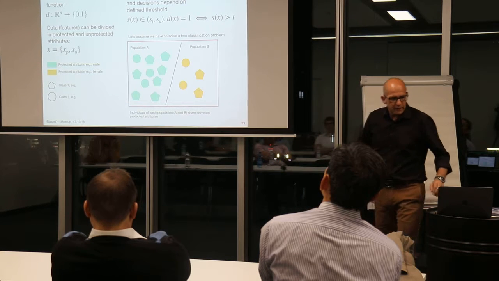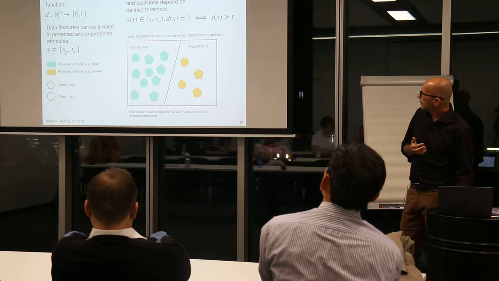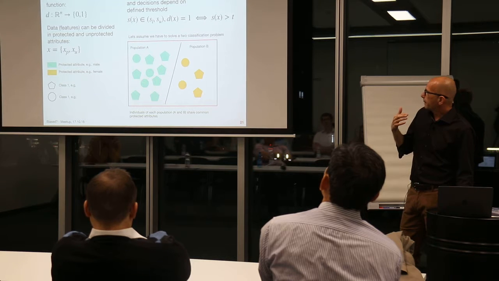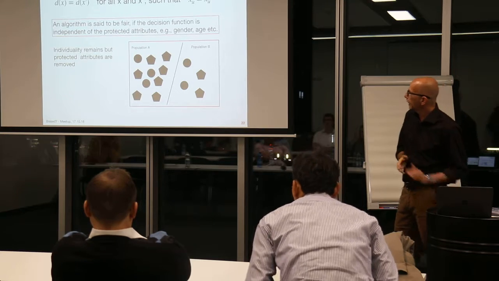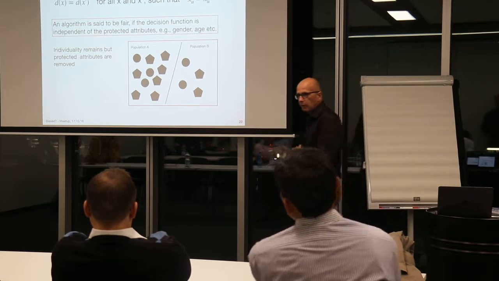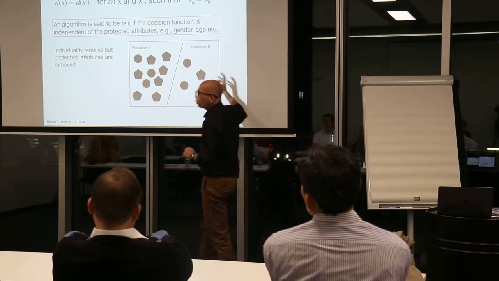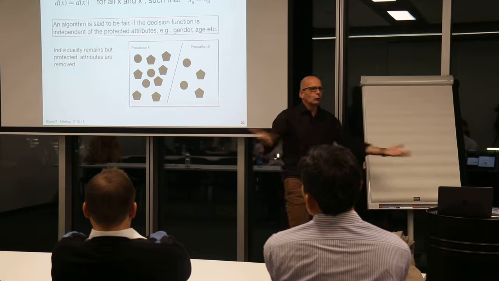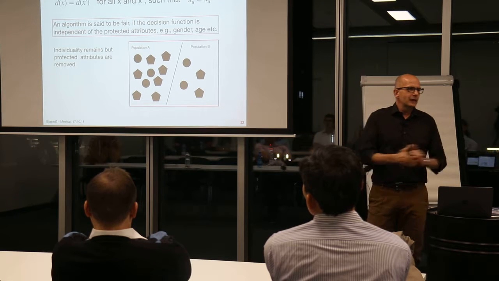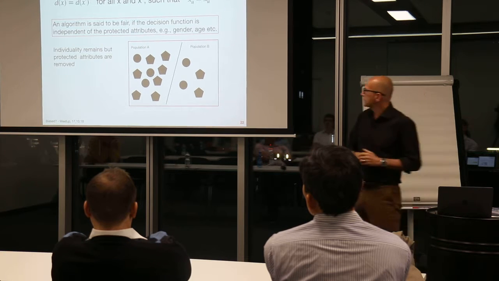Now, there are different approaches to tackle that problem. One is called anti-classification. What you do here is you just remove all the protected attributes. So we are all gray. There is no attribute male, female, and so on.